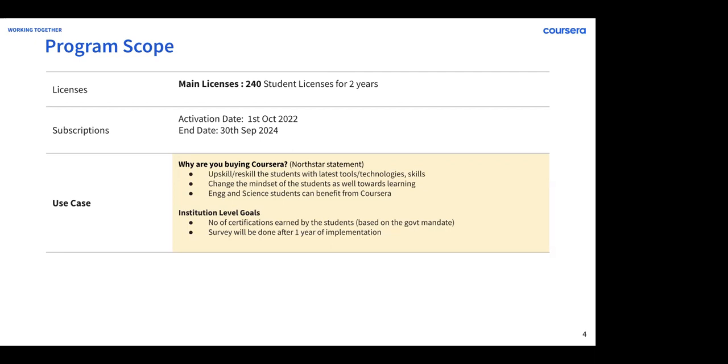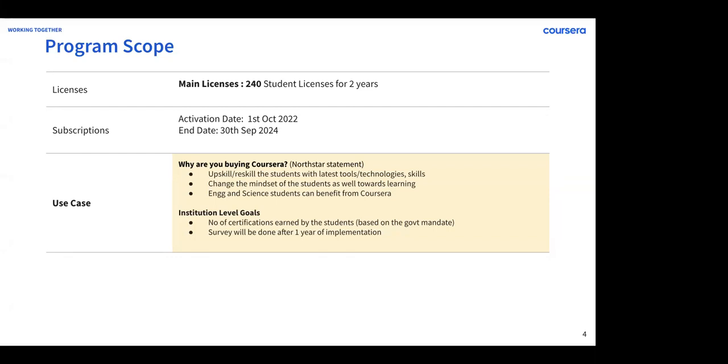It is also to help the students get into the habit of self-learning, because Coursera is a self-paced platform and the students can learn anywhere at their own comfort. So it is also to inculcate that habit of learning and self-study amongst the PSU students. And definitely Coursera has a lot of content on engineering, management, and many other domains which we'll talk about today. So it will definitely benefit all of the students of PSU.